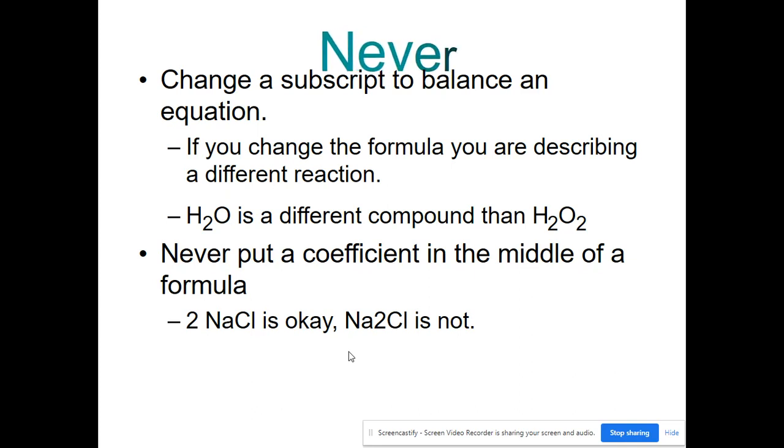For example here, we can't just make the subscript for oxygen be a 2 instead of a 1, because that would mean instead of having water, we would have hydrogen peroxide, which is completely different. You could never put a coefficient in the middle of a formula. You could put a 2 in front of sodium chloride, but we can't just put a 2 in the middle here. That would almost look like a subscript.